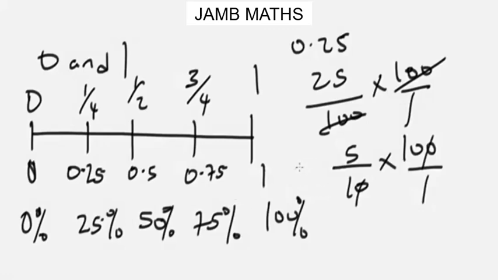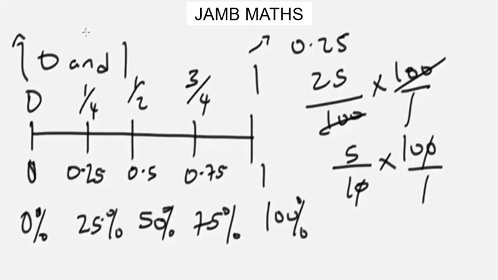Now let's go ahead and interpret these values. This value here, 0, shows that the probability is impossible. It can never happen. So when we have a probability of 0, it shows that the event can never happen. But when you have a probability of 1, it shows that the event will definitely happen.